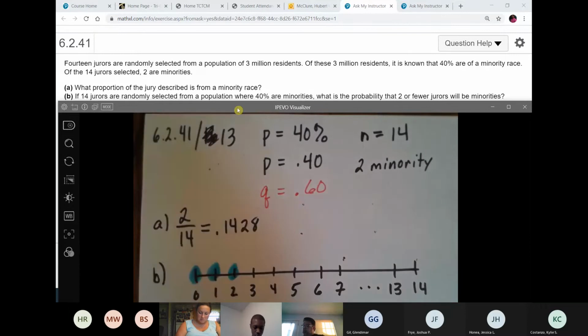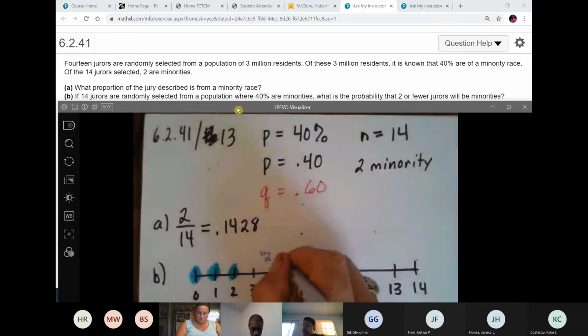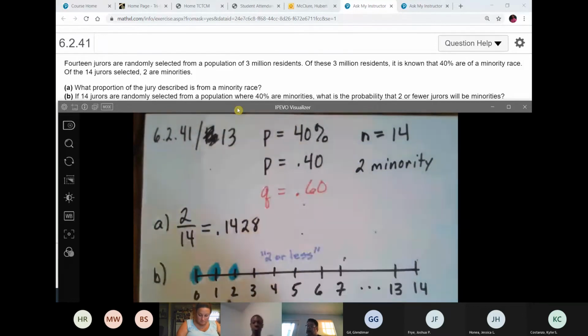Do y'all remember algebra where you highlighted the whole number line? Why didn't I highlight the number line? Why did I put just dots? Somebody tell me why I put just dots.